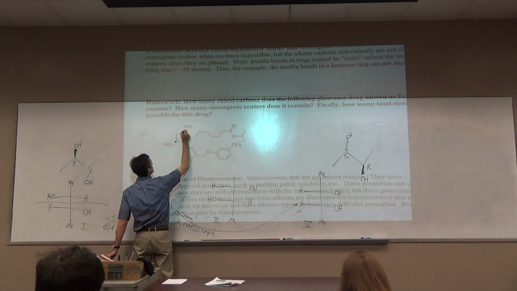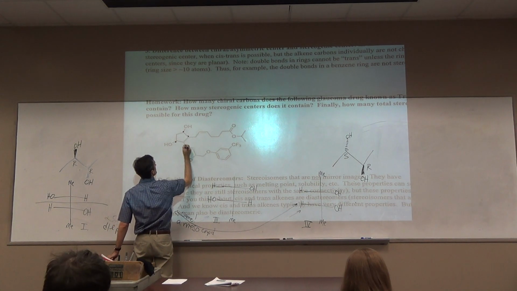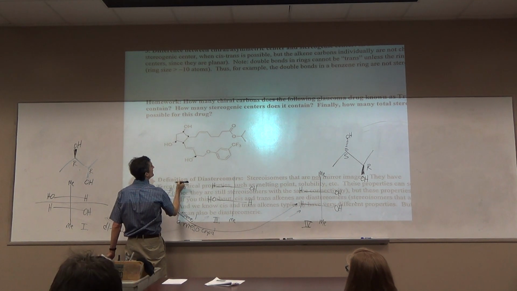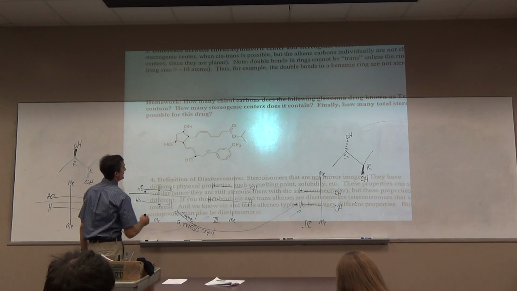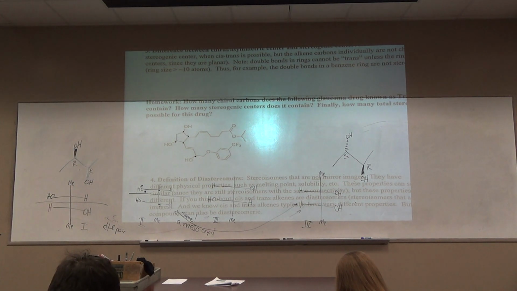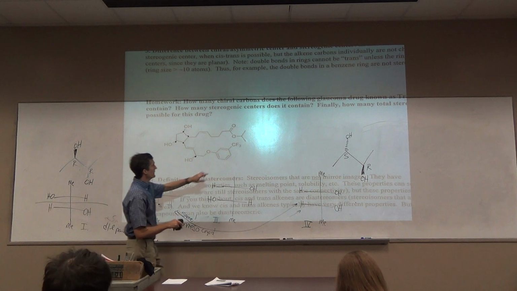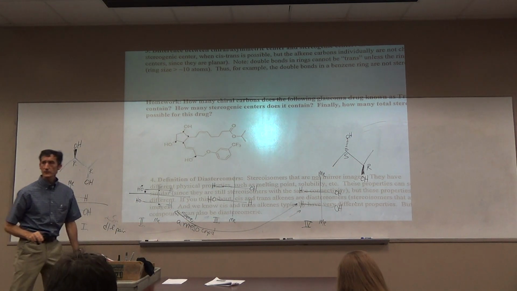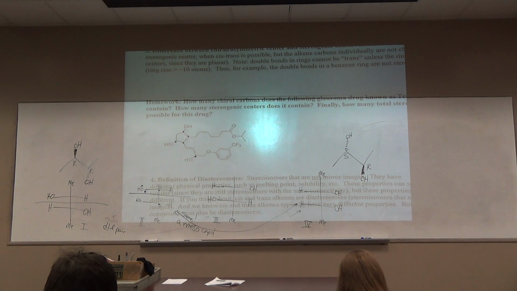Chiral carbon here, here, here, here, here. Any other chiral carbons? How about that one there? No, it's got 2 methyls on it. Chiral carbon is a tetrahedral carbon with 4 different things attached. Did we get them all?